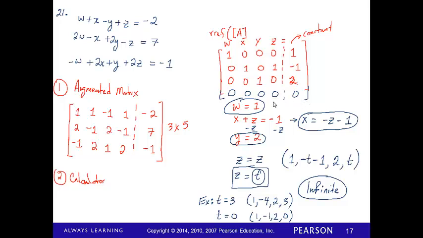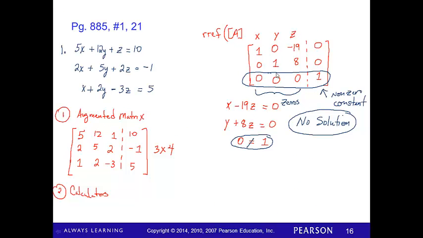And since it is the last row, it's talking about the last variable, which is Z. So that's another way of saying Z can be whatever it wants, because you're writing, let me write it over here, you're writing 0 equals 0, and that is true, right? So that means Z is free to be anything. I normally write it as Z is equal to Z, but your book uses a different variable, so you can use the variable T. Okay, so let me go back.